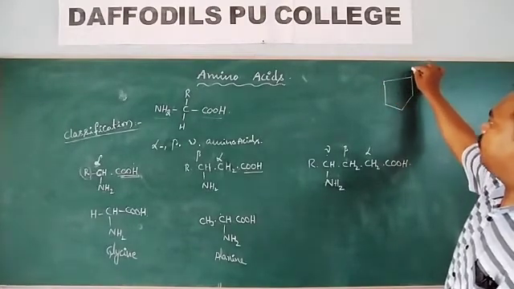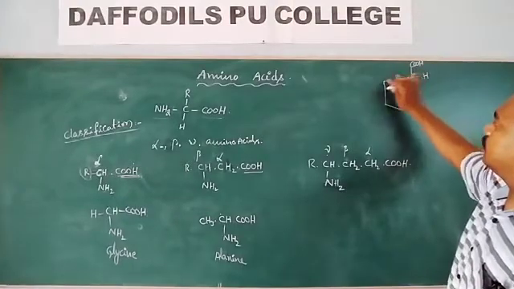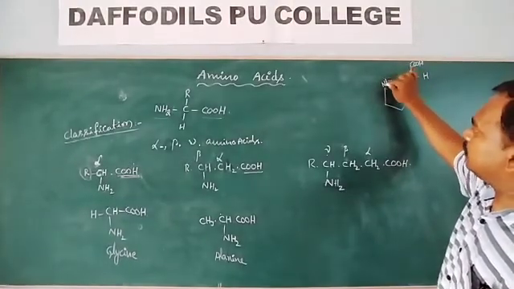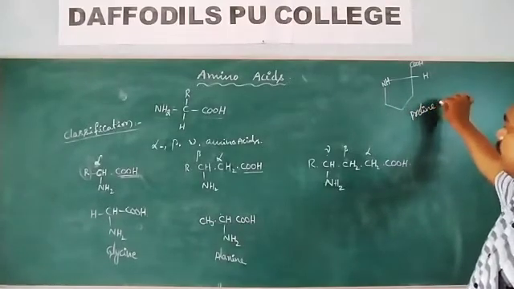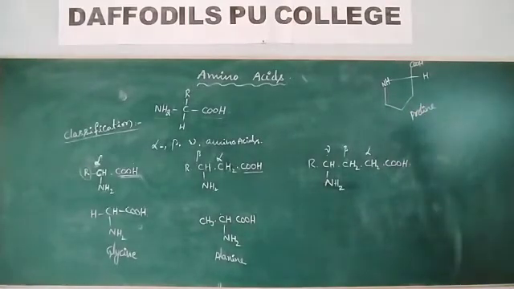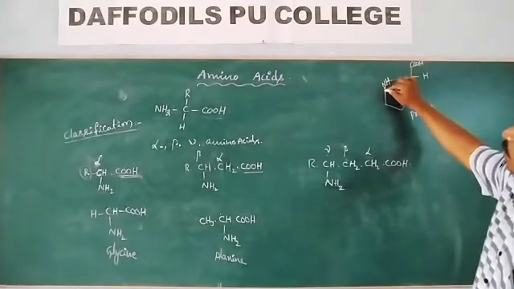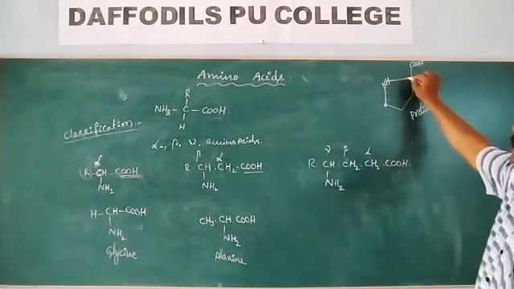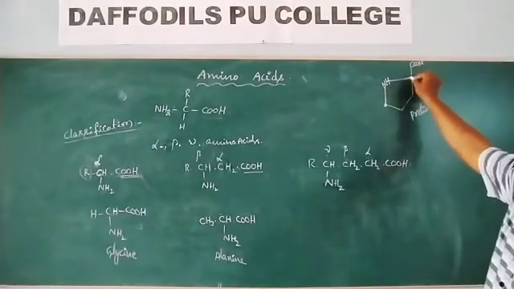Proline is a secondary amino acid. This is proline. Look at here, proline. This amine group is bonded with how many carbons? This is one carbon. This is another carbon. So this is a secondary amine.